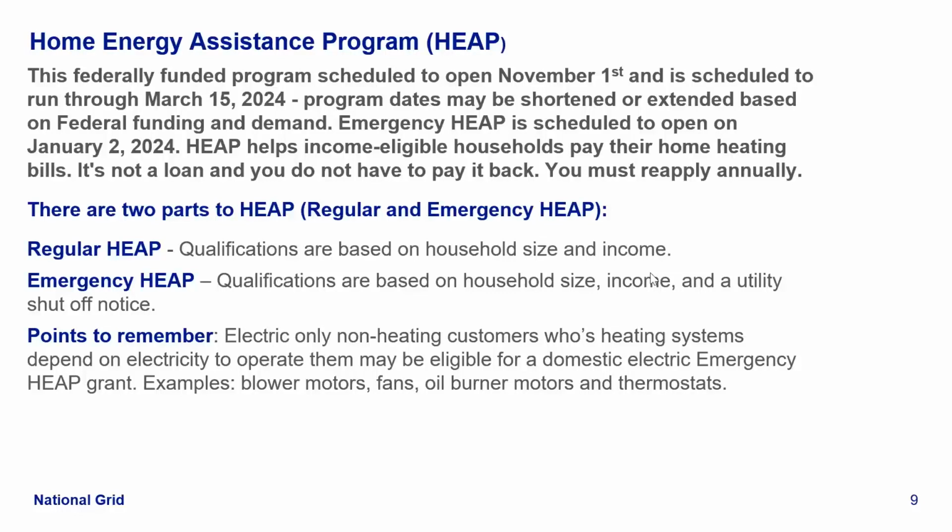And then there's also an electric only benefit for emergency HEAP, and it's generally a lot lower than the regular HEAP. So regular HEAP right now is about $400 if you have gas and electric with us, whereas if you're just electric, I don't know how much it is this year, but last year it was like $50. So it's not that much, but you know, it's better than nothing.